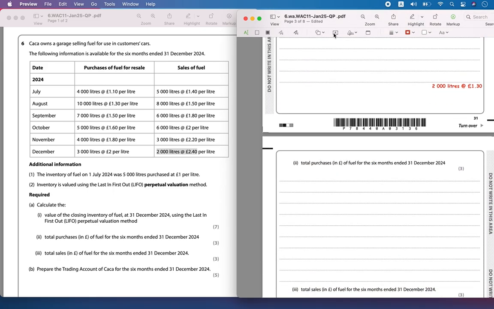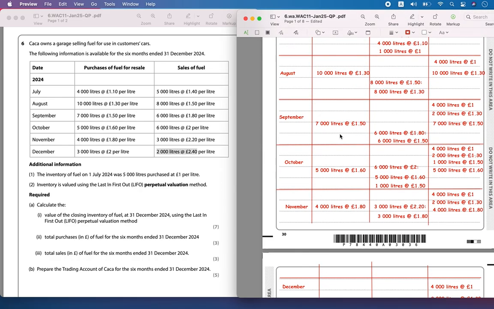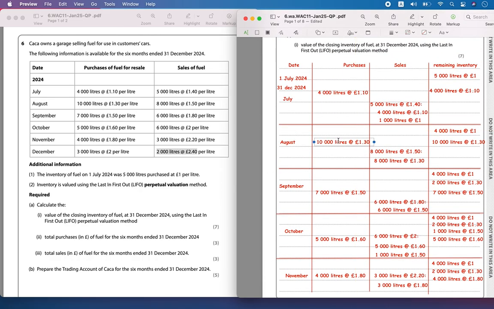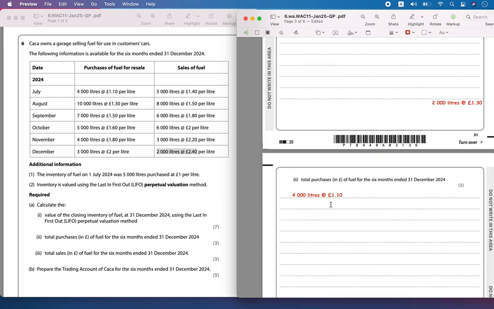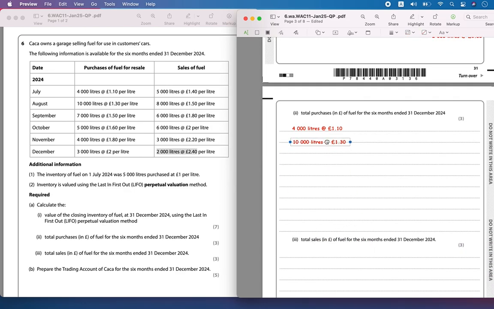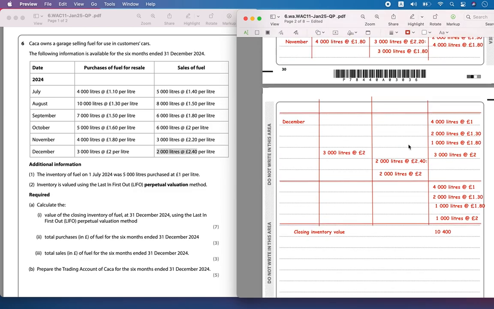So we have 4,000 at 1.10, then 10,000 at 1.30, so the total purchases is all of these added.